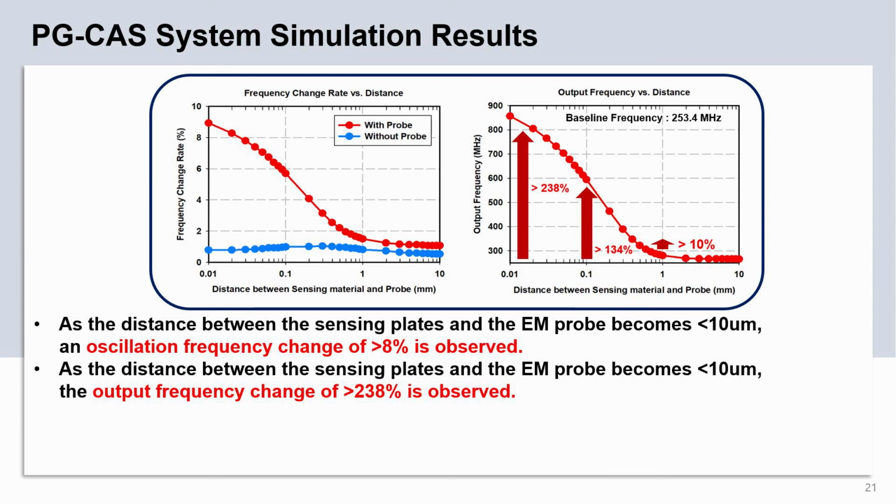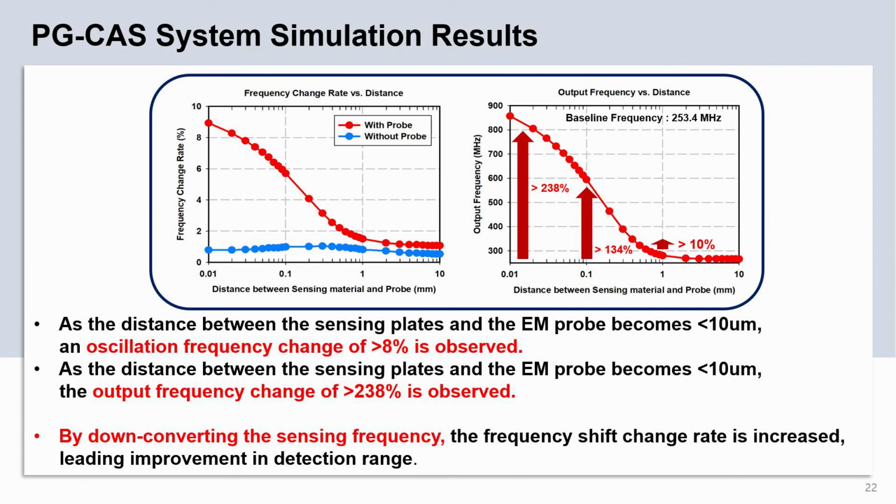The right graph shows the simulated output frequency of the whole system. In the absence of the EM probe, the output frequency is 253 MHz. As the distance between the sensing plate and the EM probe becomes under 10 micrometer, an output frequency change of over 238% is observed compared to the baseline frequency.